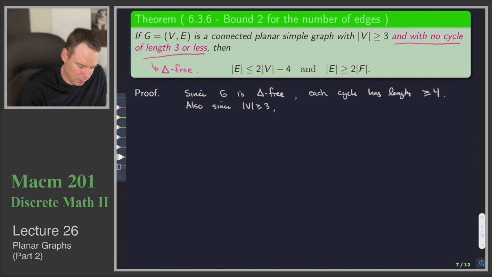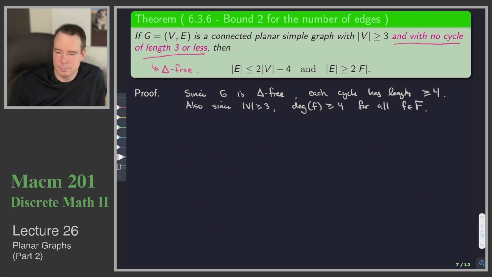And so that means that we have the degree of a face is at least 4 for all faces. So because it's triangle free, we can't have just a cycle of length 3 going around a face. There's got to be more to what's going on around a face. So each face has to have degree at least 4. And so now we're just in the same situation as we were with the last proof. It's just now we have a 4 here instead of a 3. So we go through the exact same proof as we did before.